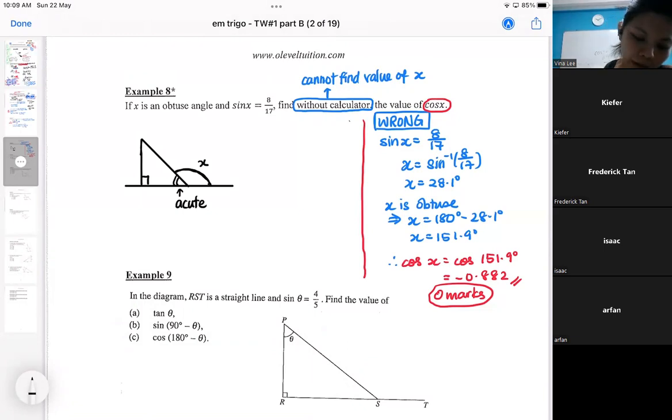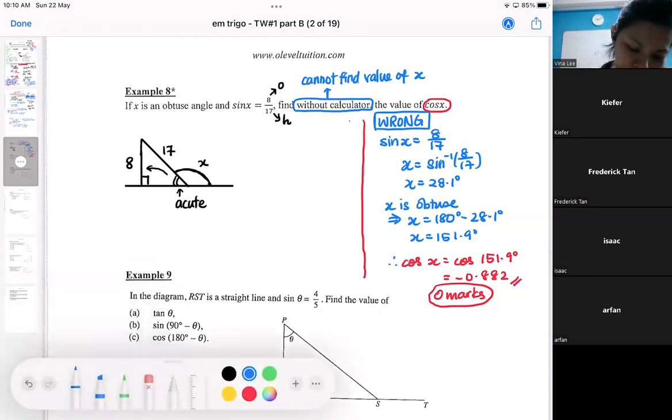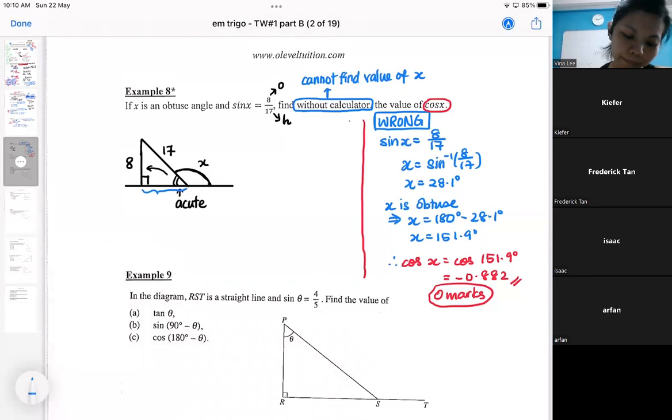And from the neighbor, this is your opposite. This is your hypotenuse. So this is how you're supposed to do it, by drawing triangle. So by drawing triangle, after that you observe the adjacent side.